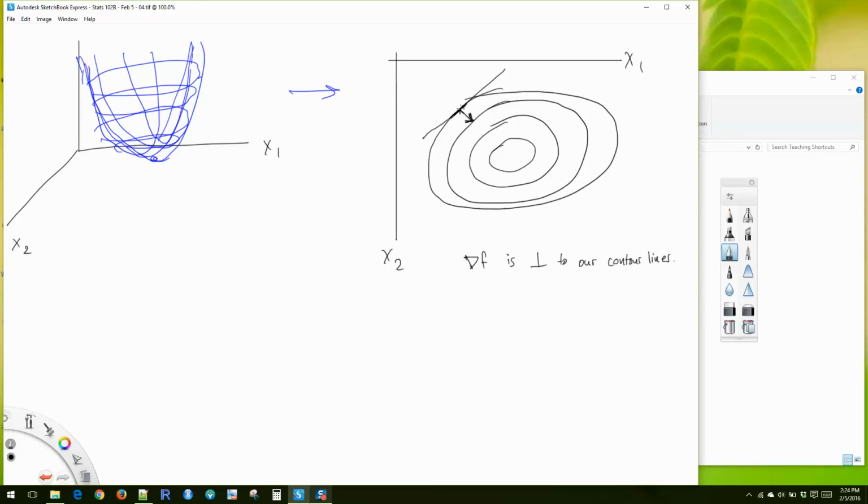So the gradient points in this direction, and then we would be going in the negative direction.